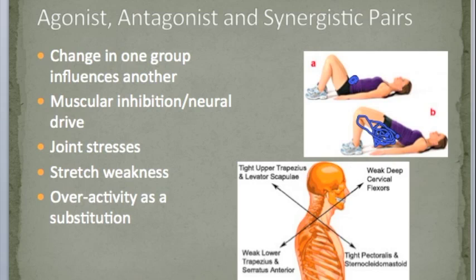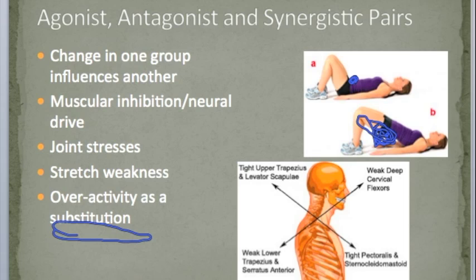You get substitution by erector spinae because they can also pull on the pelvis and try and keep it stable. So overactivity usually is present when you have a substitution because it's not the muscle's usual mode of activity. So it has to work a little bit harder than it would to do its usual job. And you get overactivity in those substituting muscles.